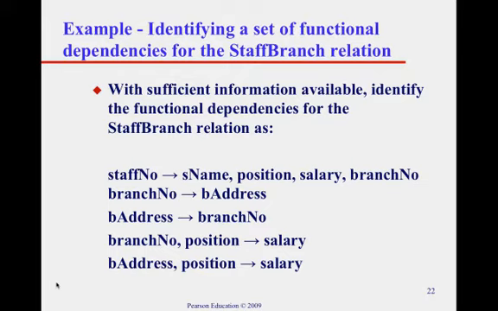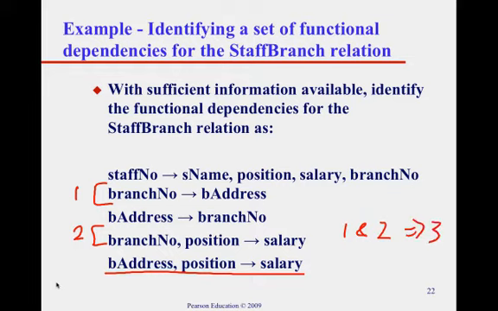Okay, and this one you could easily derive from this and this. So 1 and 2 imply 3, right? Because branch number determines branch address, so you could replace... I'm sorry, no, I messed that up.